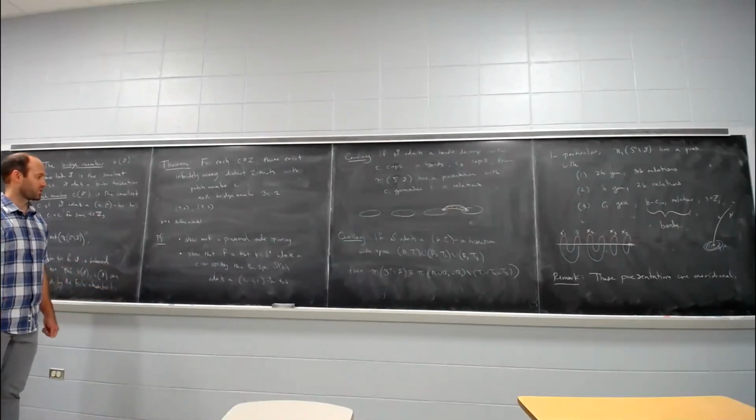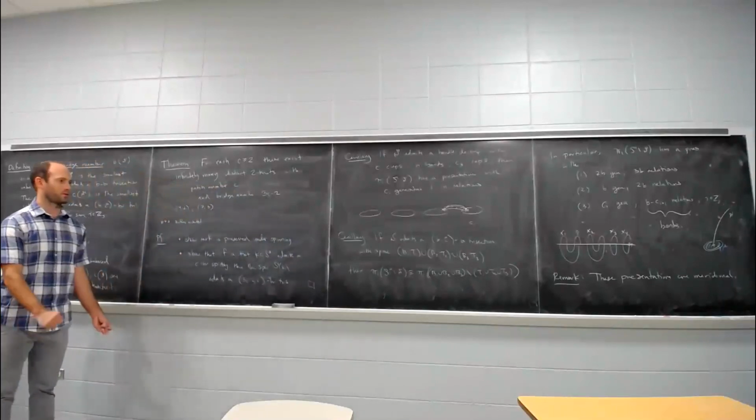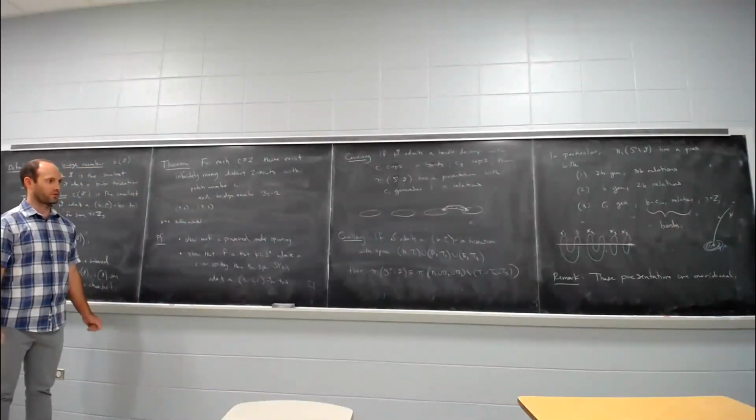Okay, so those are the two steps for the proof. And this is written up fairly clearly in the paper with Alex, if you want to look for the details there.